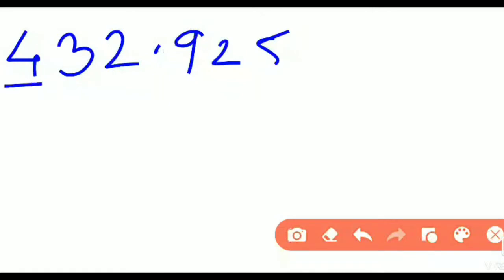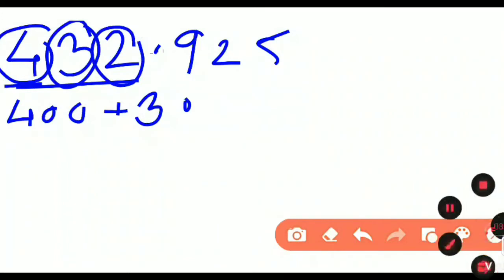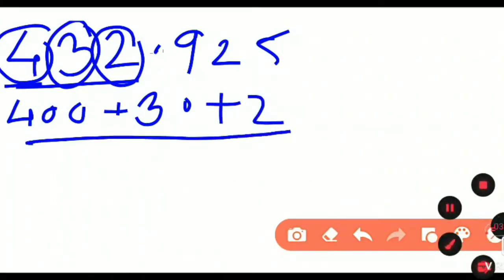The number which is towards the left side of the point is 432. The value of this 4 is 400, the value of this 3 is 30, and the 2's value is 2, so it is 432.